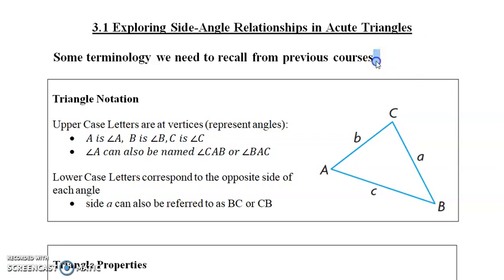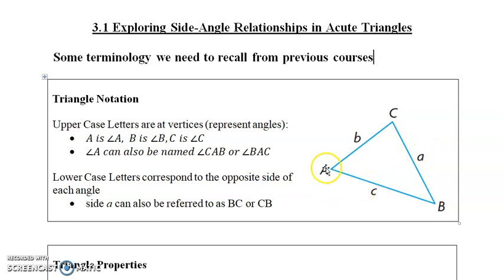First off, we're going to look at some of the terminology to recall from some of the previous courses we had. Most of our triangles that we're going to be dealing with now are going to be acute or obtuse. They're a little different from the right angle triangles. We'll talk about that, but we still label them the same way.